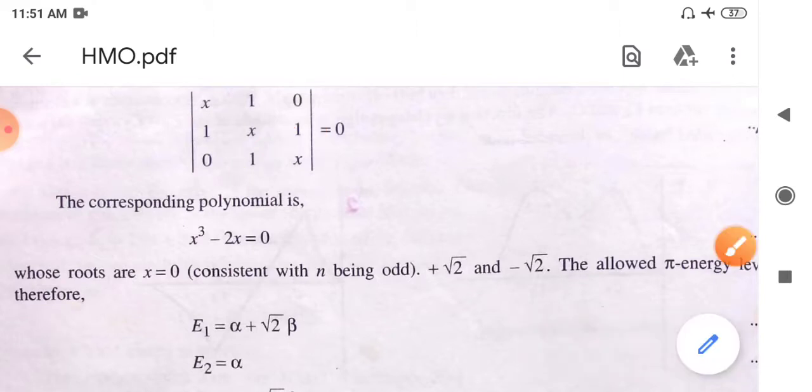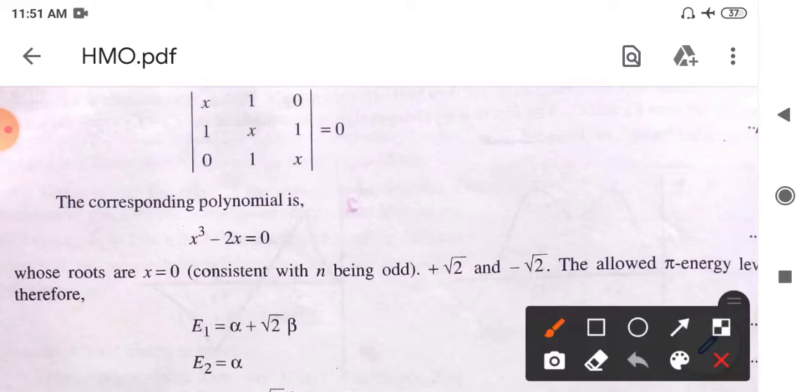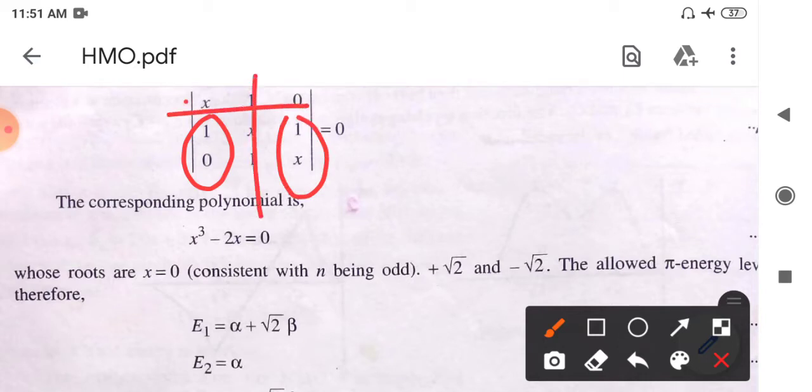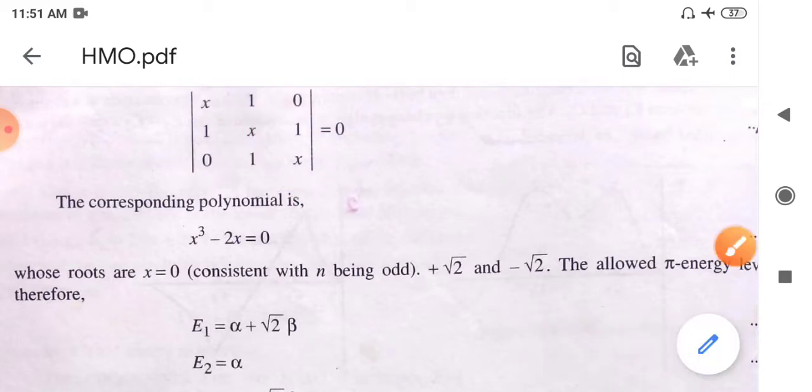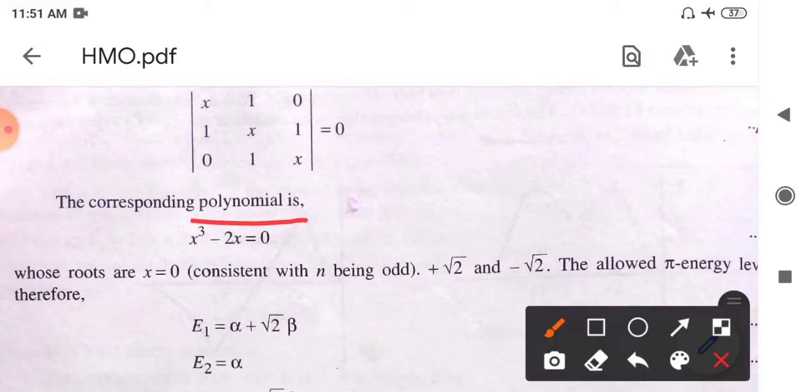Next, 1 into, here this and this term will come, so we just need to neglect these three terms. Likewise we can obtain the determinant value, or the corresponding polynomial.